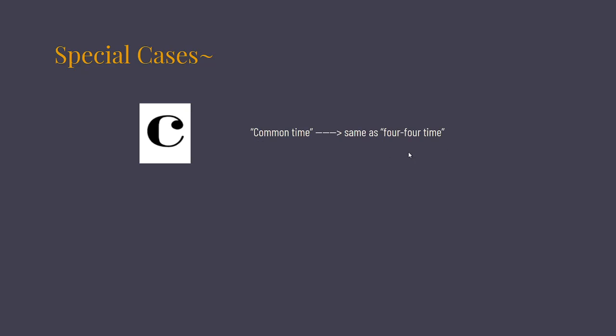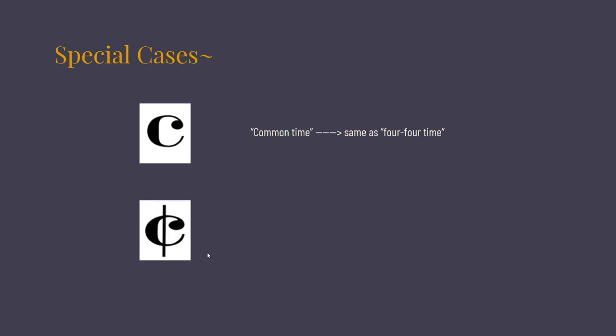So in music, let's say there's a piece that was written in 4/4 time. Instead of writing the 4/4, we could write a C, and that would replace the 4/4, but mean the same thing. And the other variation that we saw earlier was a C with a slash in the middle of it.